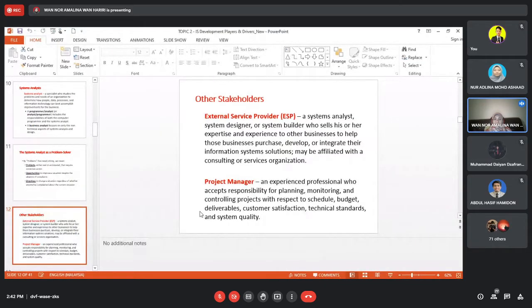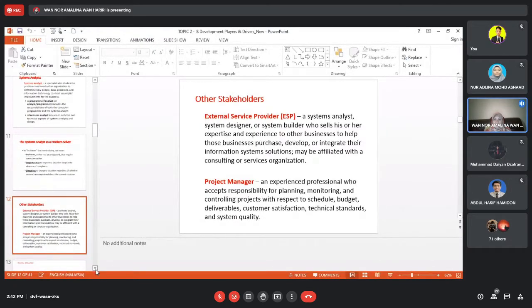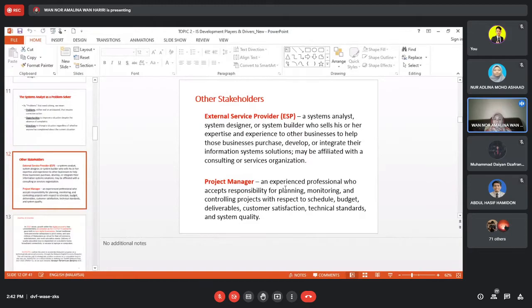Besides that, we also have project managers. Project managers are experienced professionals who accept responsibility for planning, monitoring, and controlling projects with respect to schedule, budget, deliverables, customer satisfaction, technical standards, and also system quality. So in topic 4 of ISP550, we will be elaborating further on the roles of a project manager.